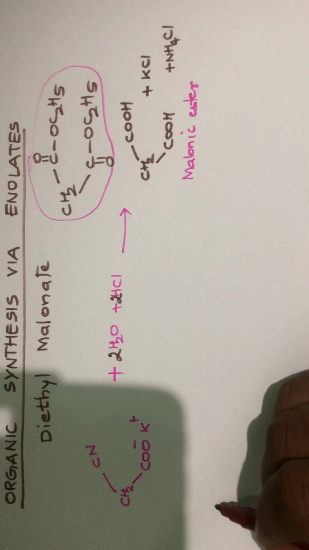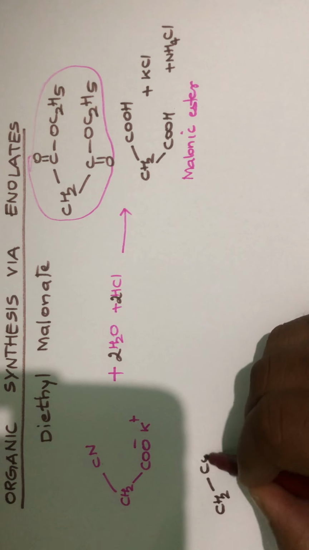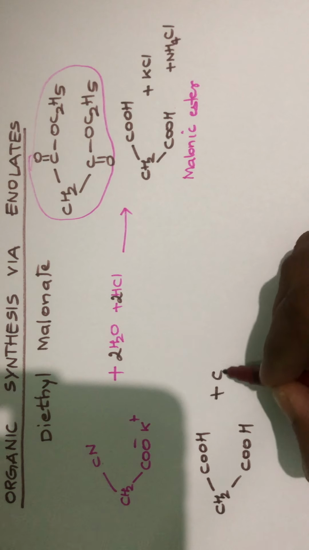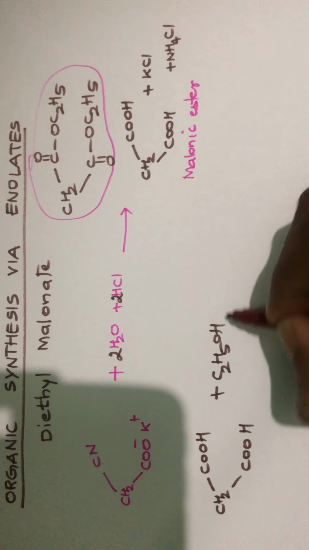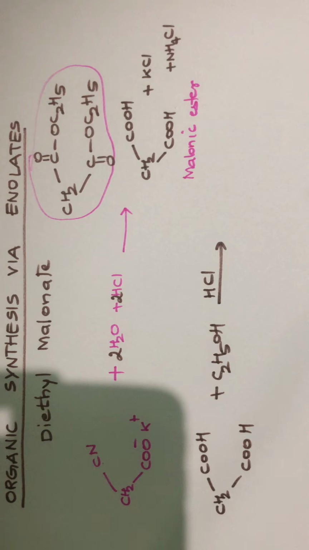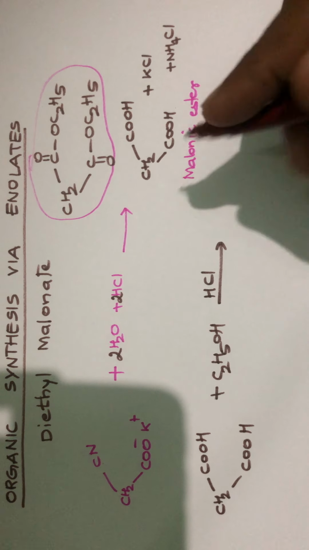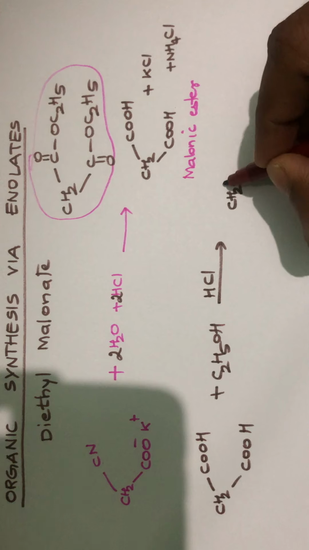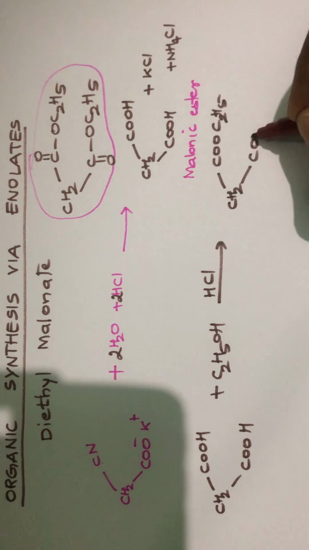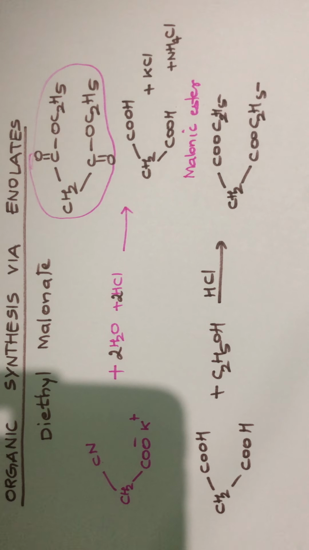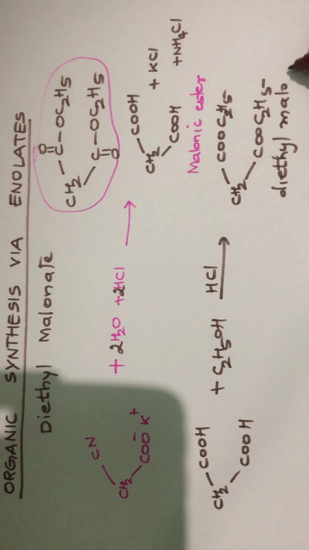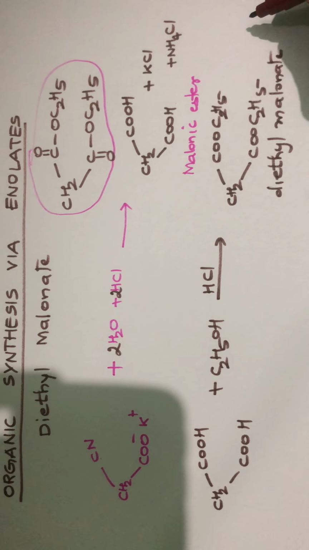So this malonic acid, CH2(COOH)2, in the presence of ethyl alcohol and HCl, where the reaction is catalyzed by HCl, undergoes esterification to give CH2(COOC2H5)2, diethyl malonate.